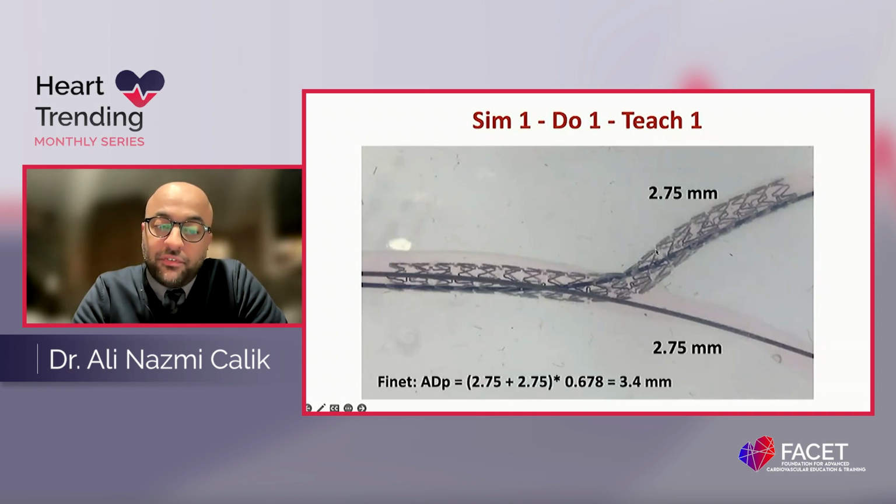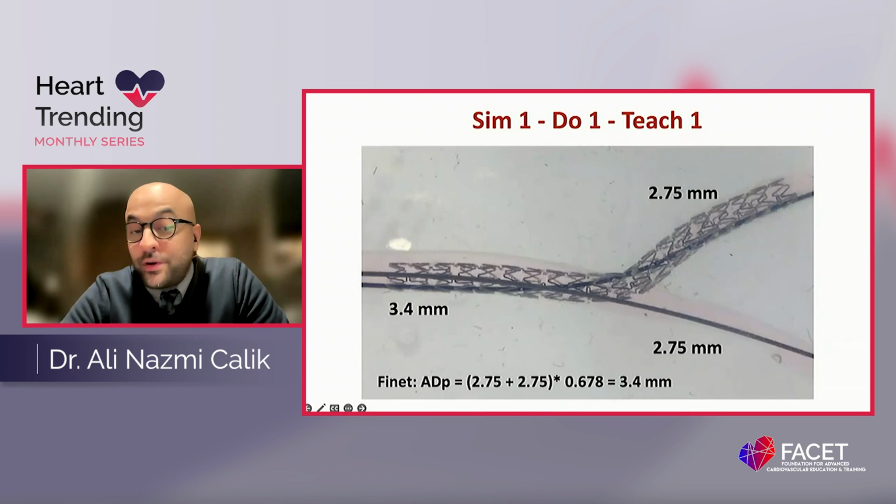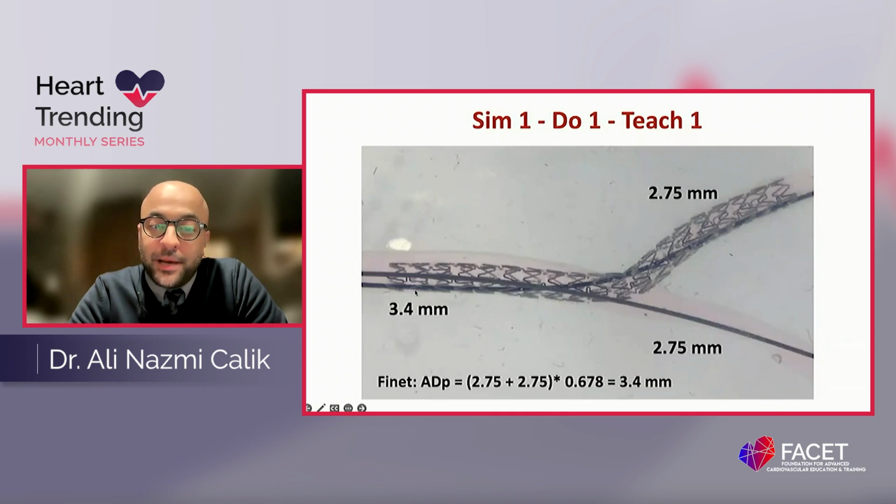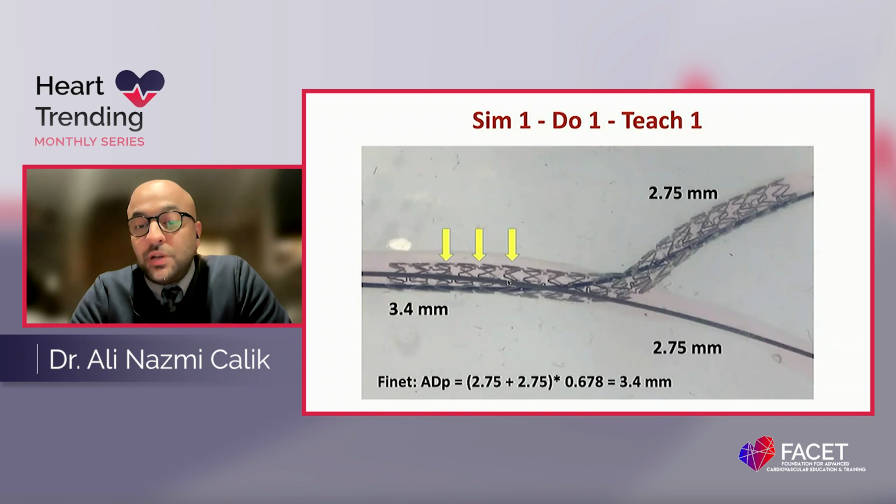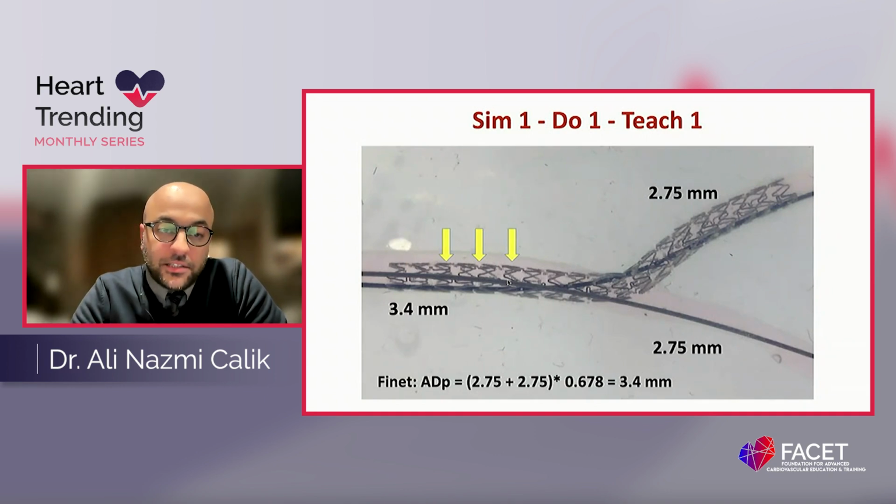If we apply the FINET formula in this simulation model, the proximal main vessel corresponds to 3.5 millimeters. Our stent will be decided according to the side branch, but should be expanded safely in the proximal main vessel. You can see the malposition if we do not finish our strategy without the proximal optimization technique, which we are going to discuss in the next slides.